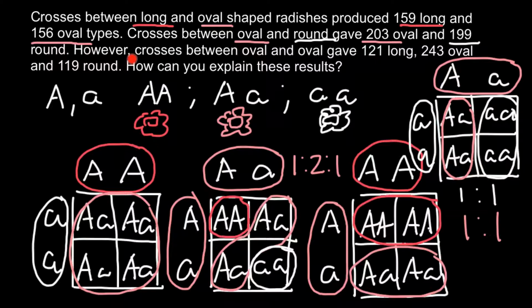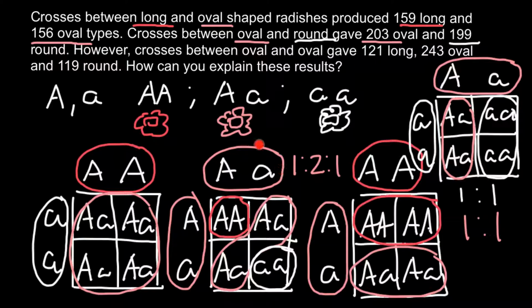However, crosses between oval and oval gave 121 long, 243 oval, and 119 round. And as you see, this is a ratio of 1 to 2 to 1.